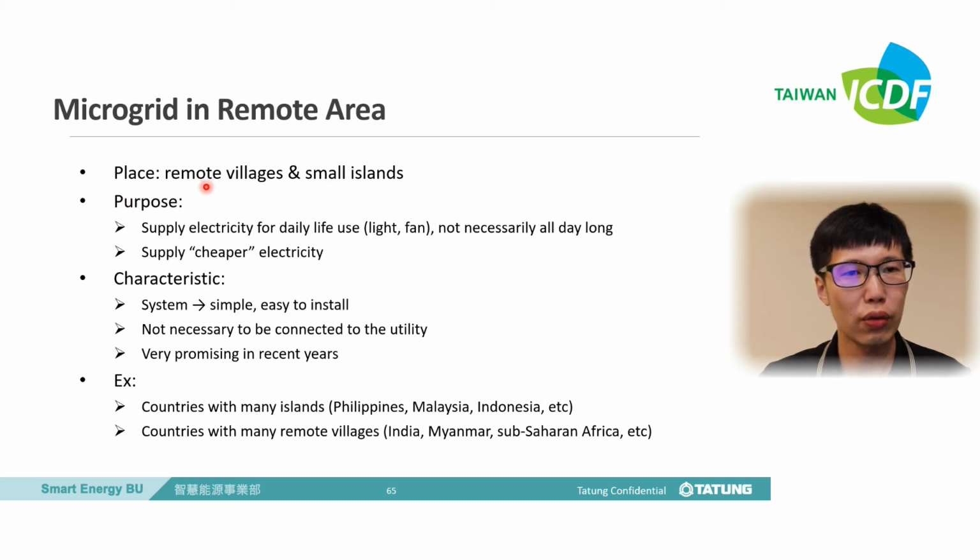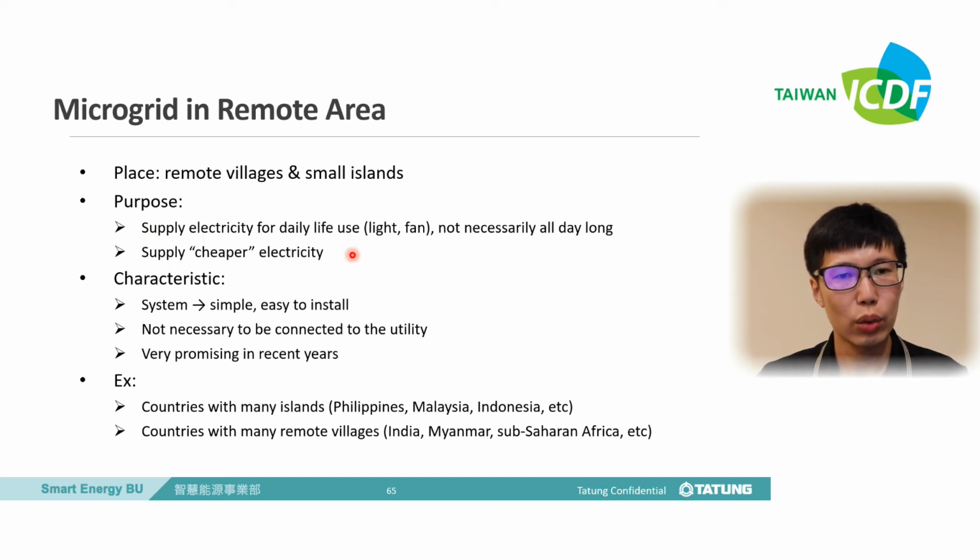The purpose of developing this kind of microgrid is to supply electricity for daily life use, for example, for lights or for electrical fans. And in this case, the system is not necessarily supplying power all day long. Some people in this area only need some power to improve their living standard.